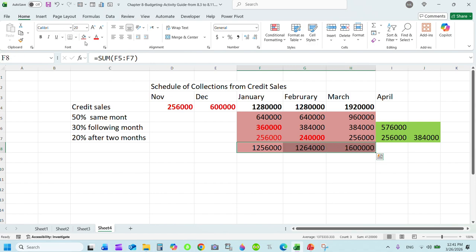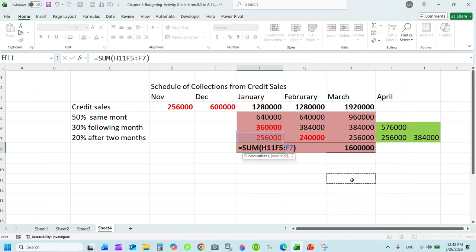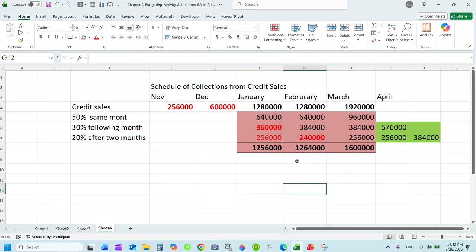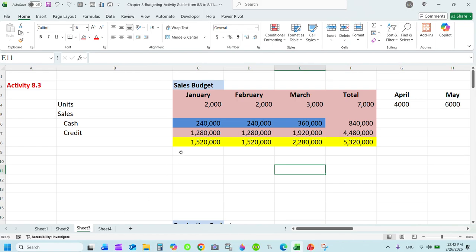These are cash receipts, right? 1,256,000, 1,264,000, 1.6 million. These are the cash collections, right? Okay. So we can take this information to our cash budget.